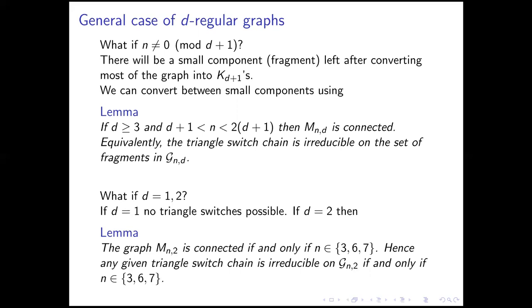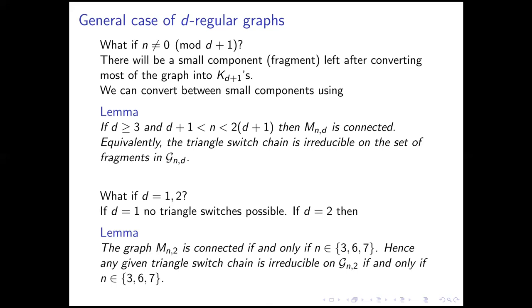So basically, you have to show that if you've got a tiny fragment like that, the chain on that small space is also connected, because that can be done as a separate construction. It's a separate proof that if the space is of size between d plus 1 and 2d plus 1, then you can use triangle switches to get from any graph to any other graph in that space.